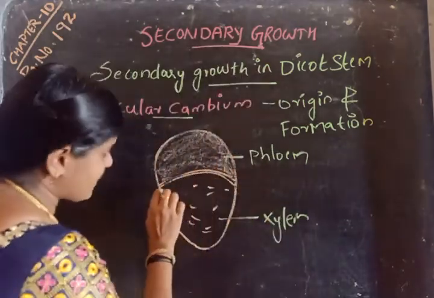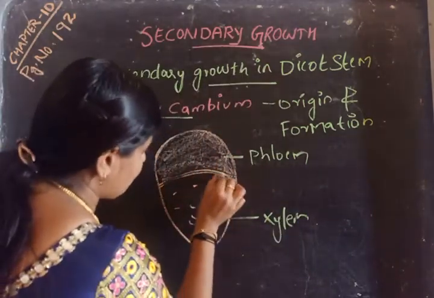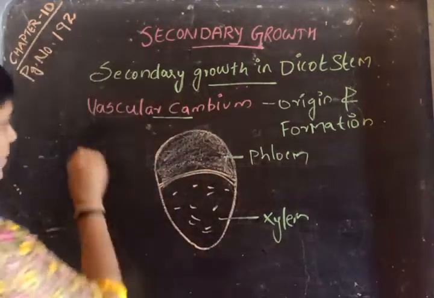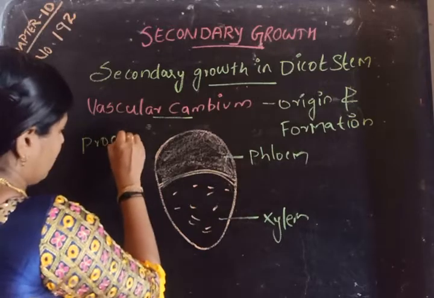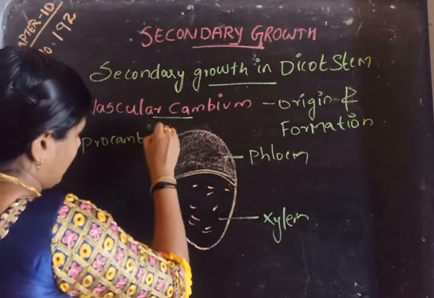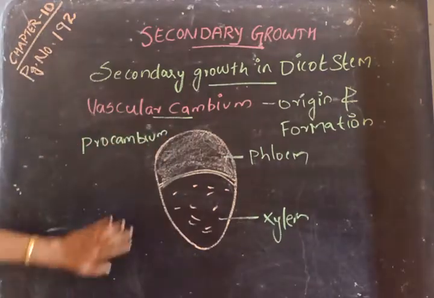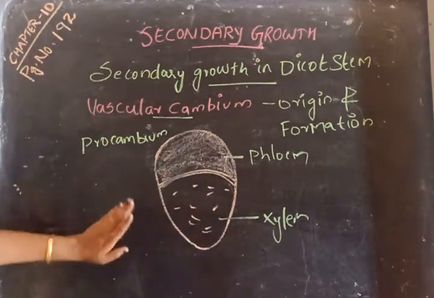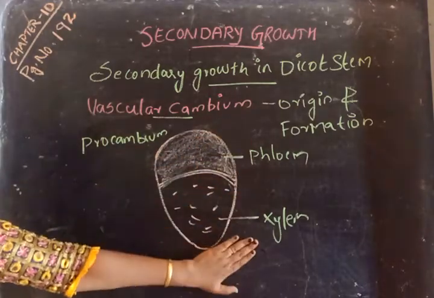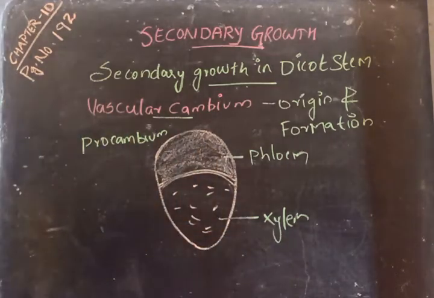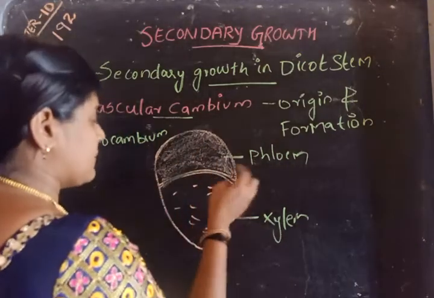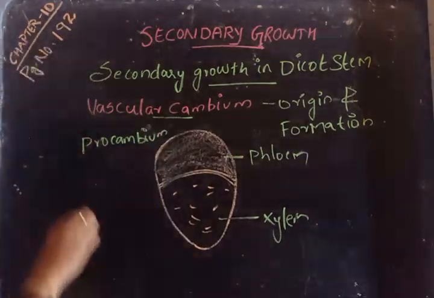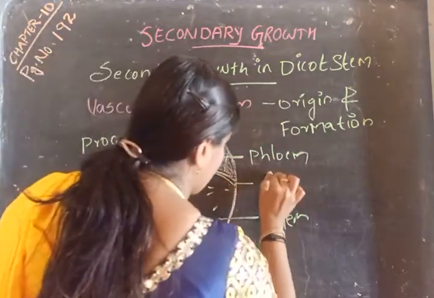So, a strip of cambium which originated from the procambial cells is present between the phloem and xylem of a vascular bundle.